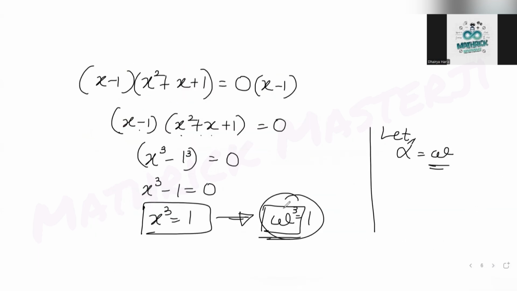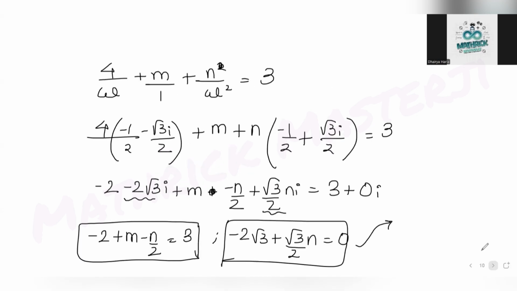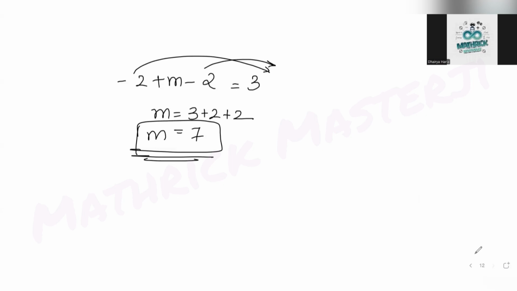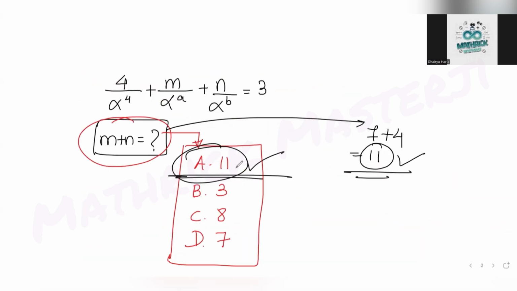So when omega cube is 1, we know omega in that case will make it minus half plus root 3 over 2i, one of the roots of the complex cube root of unity, and the other is minus half minus root 3 over 2i. So I used one of them, and that led me to the answer of m and n being 7 and 4. That added up gave me the answer as 11, which basically matches with answer choice A. So A becomes the correct answer for this question.